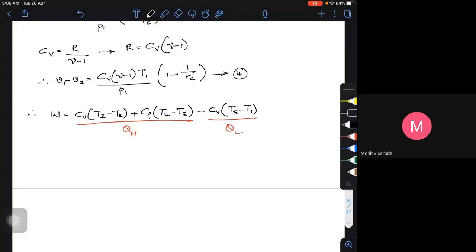Heat supplied minus heat rejection is my work done. Let me call that equation number 5.